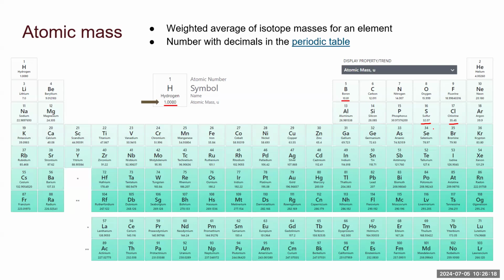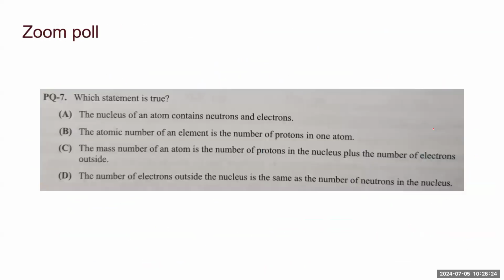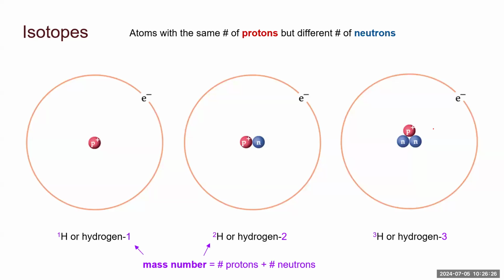What this instead is showing you is the relative abundance of different isotopes. Because if we jog back for a second, here are 3 different isotopes of hydrogen. We have no neutrons, 1 neutron, and 2 neutrons. What is the abundance of these different isotopes?